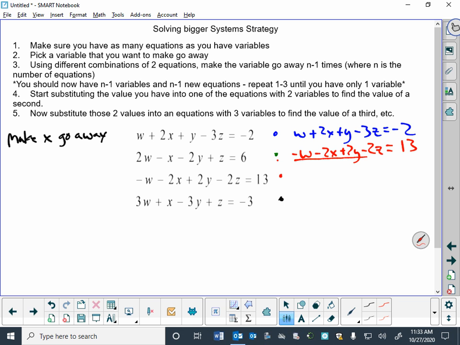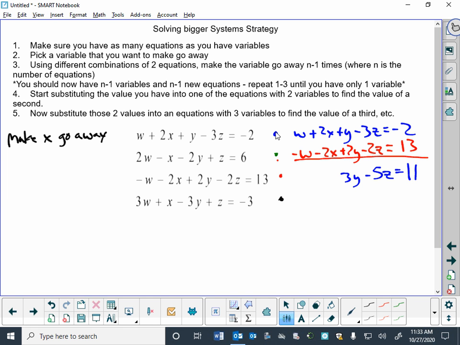And if I add those 2 equations together, I'll write the answer here in blue. The w's actually cancel as well. That's fine. I get 3y minus 5z is equal to 11. So there's one time that I have gotten rid of the x.